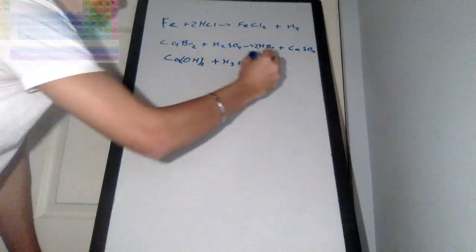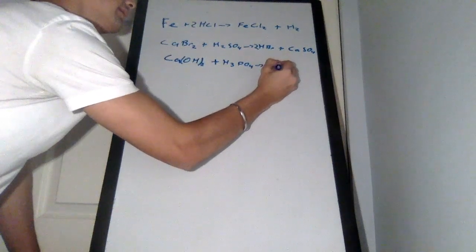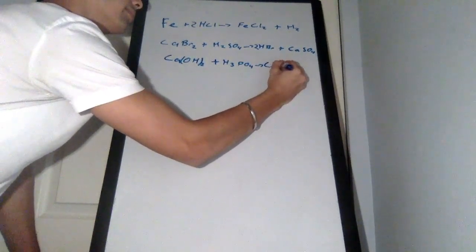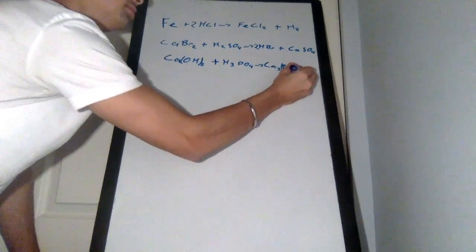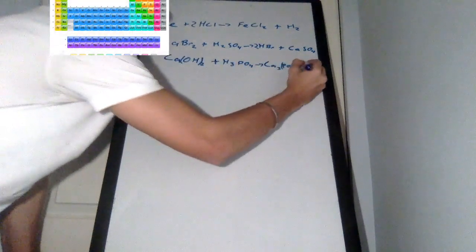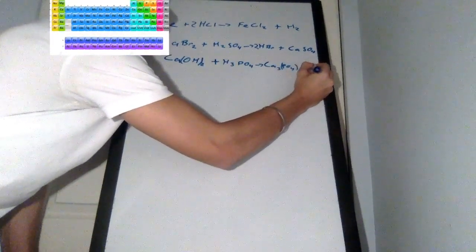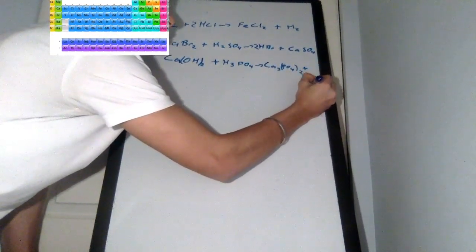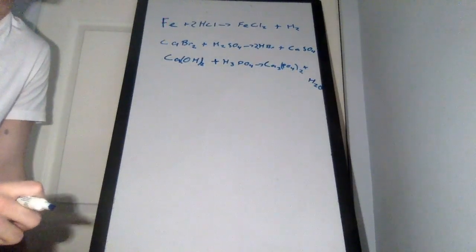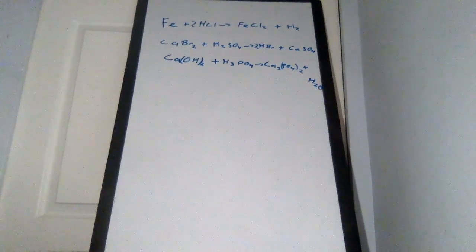Alright, this goes to Ca3PO4 brackets around the PO4 2 plus H2O. So there's just a water on the end there.